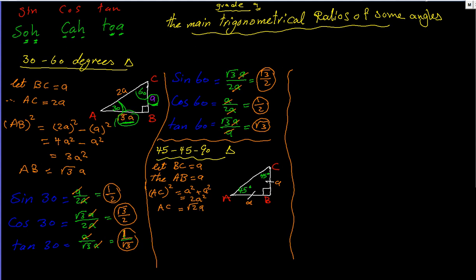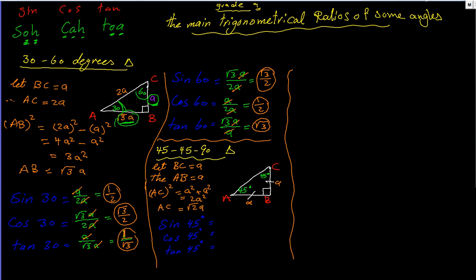Okay, now trying to find sine 45, cosine 45, and tan 45 degrees. Okay, sine 45. We said that sine equals opposite over hypotenuse.